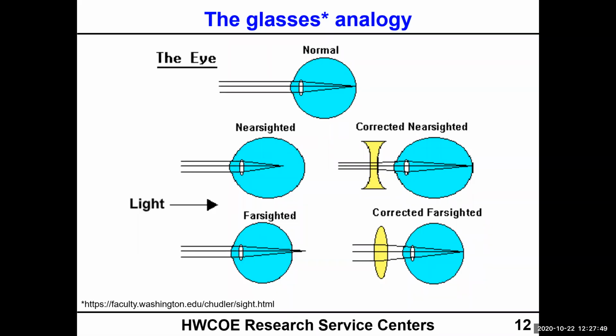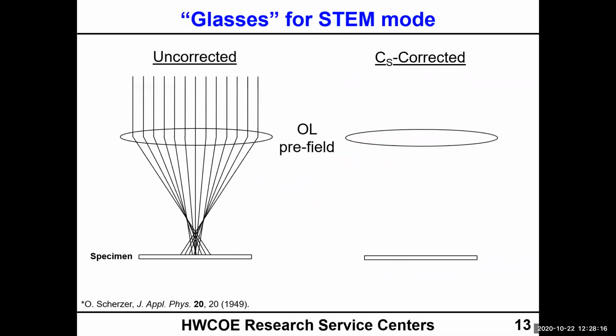You have to use the right contact lens to correct the problem. Okay, so you're not making your eye better by doing this, although there are technically LASIK surgery and things like that. But what you're doing is you're adding hardware, aka glasses, in front of your eyes to correct for the size of your eye. Okay, so that's the analogy here, right?